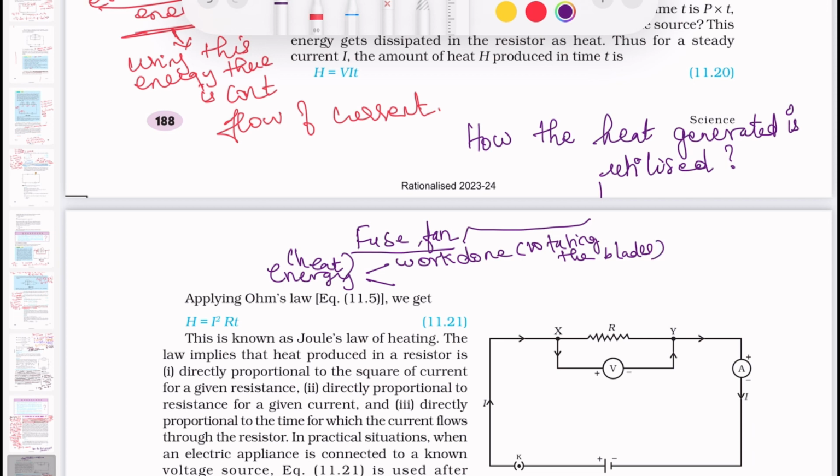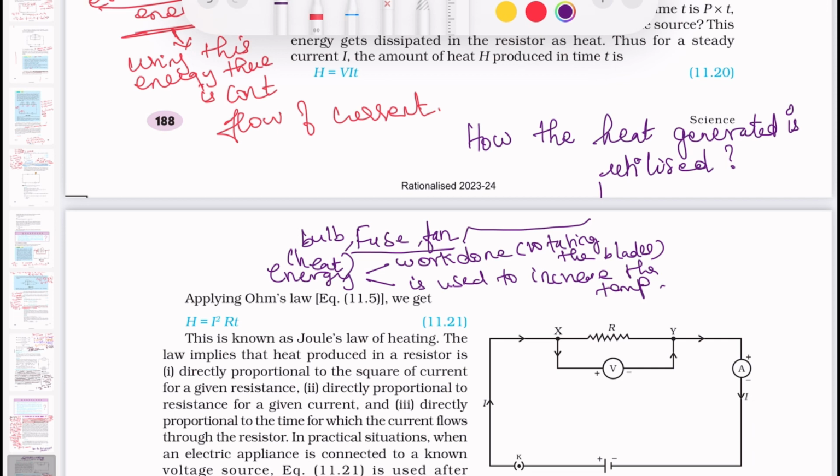The remaining heat is used to increase the temperature. When I say work done, it is not only rotating the blade, it is also the glowing of the bulb. The remaining energy or heat is used to increase the temperature in the case of fuse, fan or bulb.